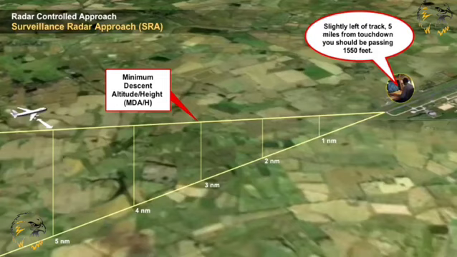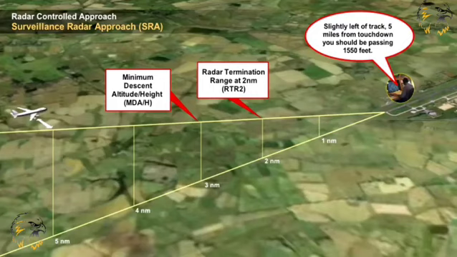However, the procedure will automatically terminate at the Radar Termination Range, RTR. This is the range at which the radar service will be automatically terminated. Typically, RTR2 is used, indicating that the radar service will be terminated at 2 nautical miles from the threshold of the landing runway.